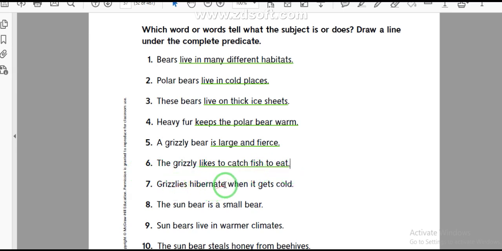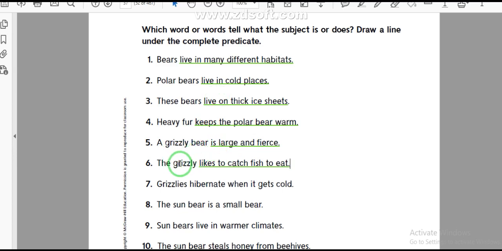Grizzlies hibernate when it gets cold. Hibernate means it sleeps for a long time, okay? Grizzlies are the grizzly bears. For those who don't know the meaning of grizzly, grizzly means gray, the color gray. So gray bears.